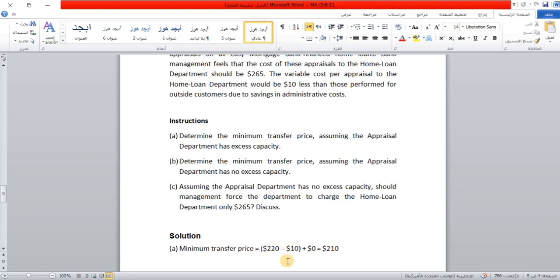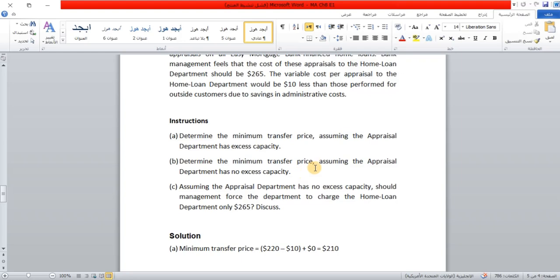The new variable cost for internal service will be 220 less 10, plus the opportunity cost of zero because of the existence of excess capacity. So the minimum transfer price will be $210.